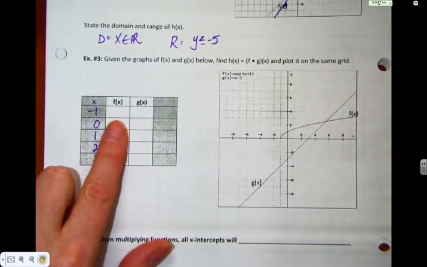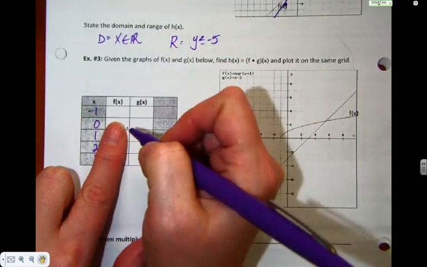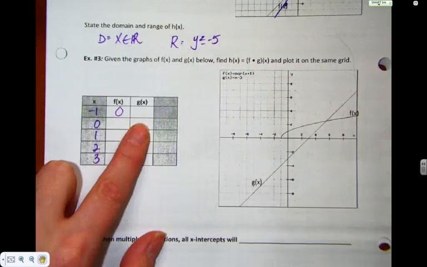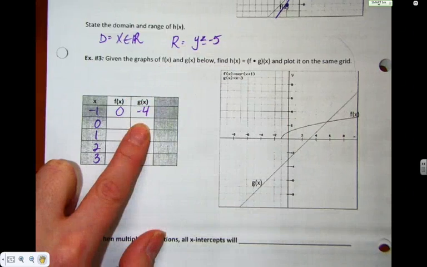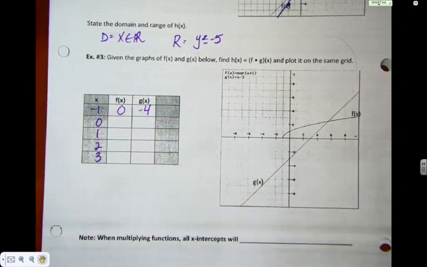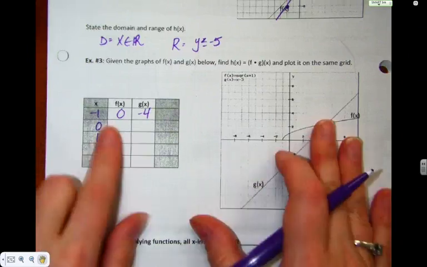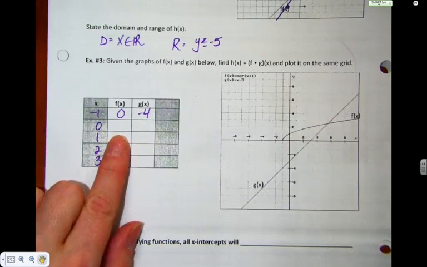Minus 1, offer for f of x. 0, offer for g of x. Confirm? Okay. F of x at 0 is 1.